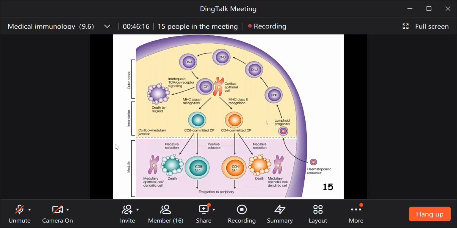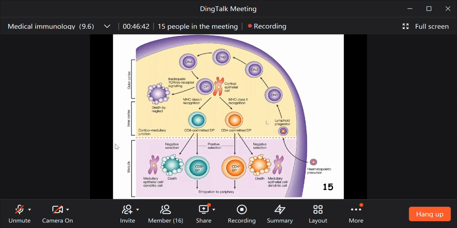After the selection, the T cell avoids attacking the body itself. So this means that the mature T cell has two characteristics.